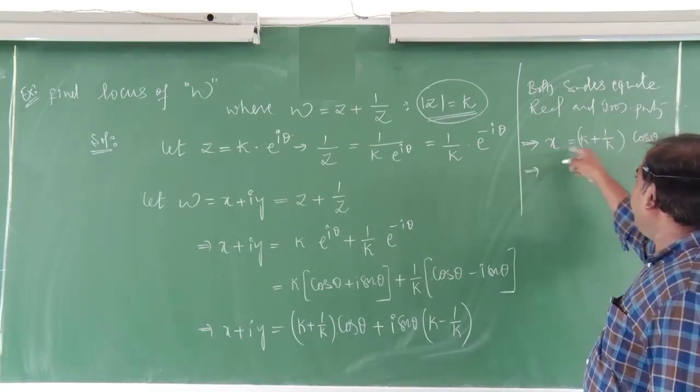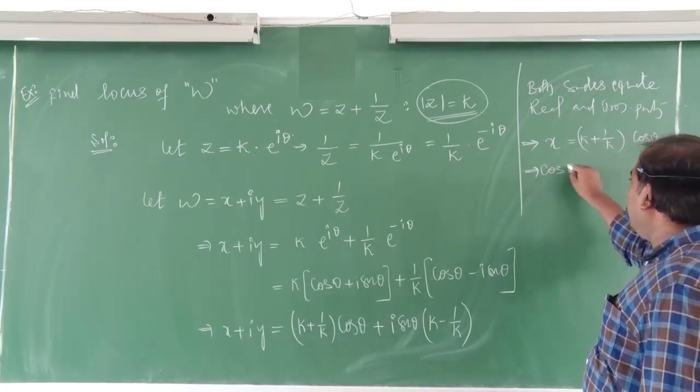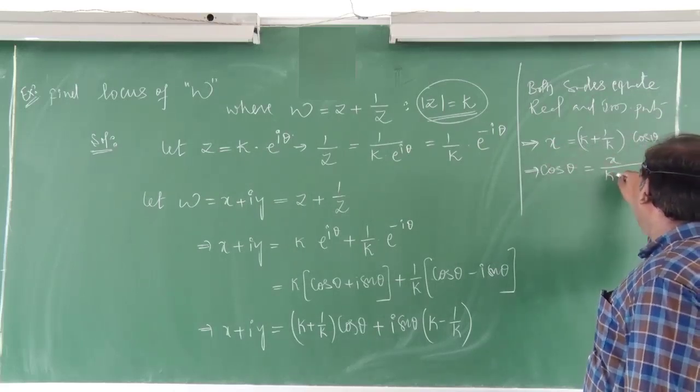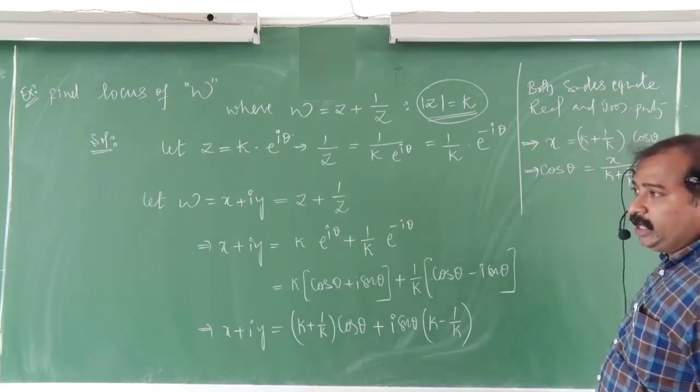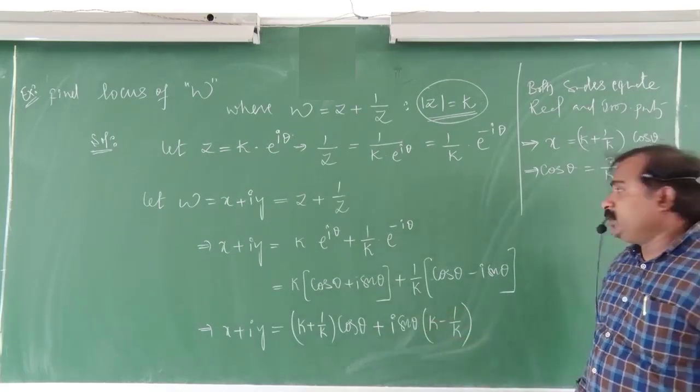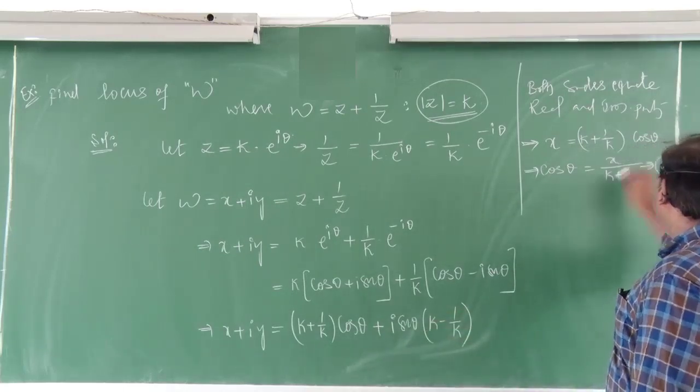Then cos theta equals x by (k plus 1 by k). This is equation number 1.